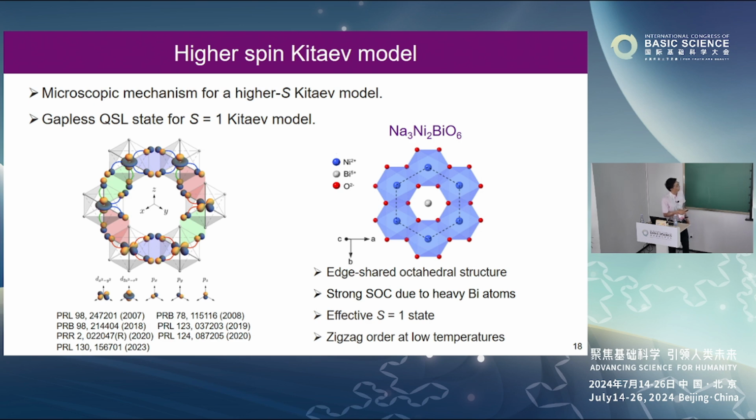They also calculated the energy for the Kitaev quantum liquid, and they found that the energy can also be the lowest among the phase space. So theoretically, they conclude that you can also, in principle, realize the gapless quantum liquid state for S equal to 1. I see. Thank you.